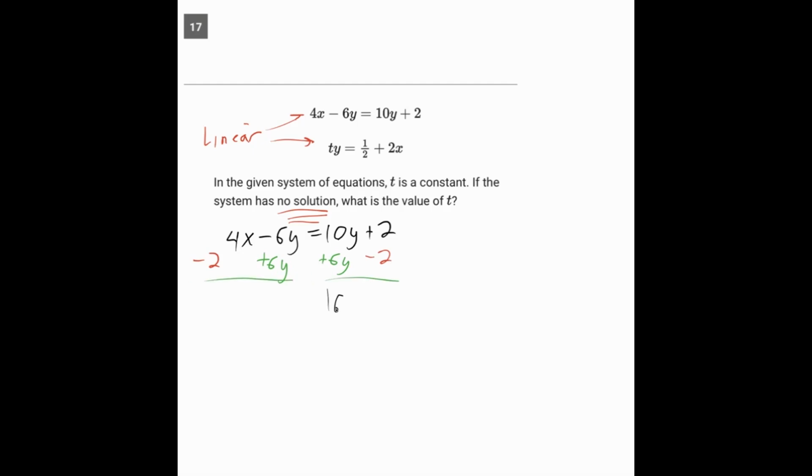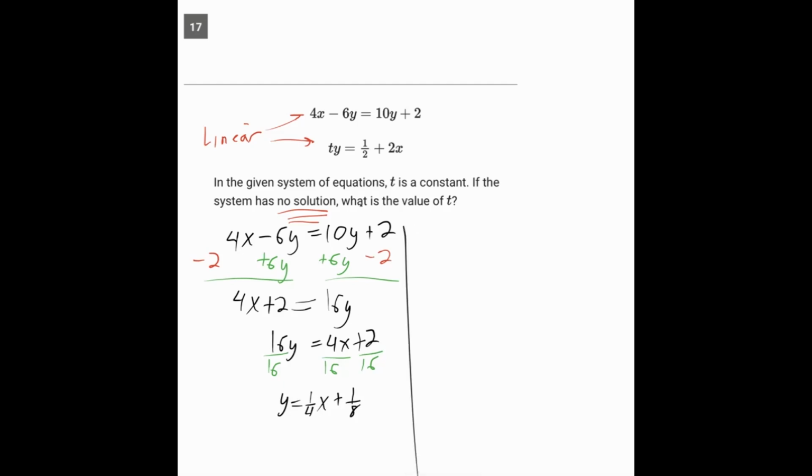So right now we have 16y equals 4x plus 2. Reversing it, 16y equals 4x plus 2. Divide by 16 on every term. And we have y equals 1/4 x plus 1/8.